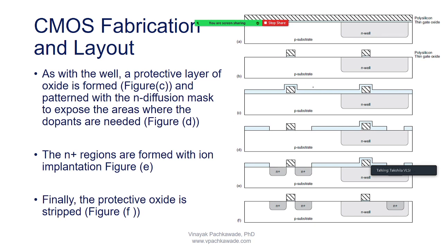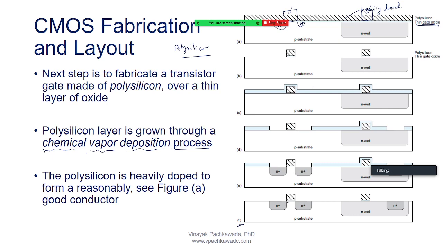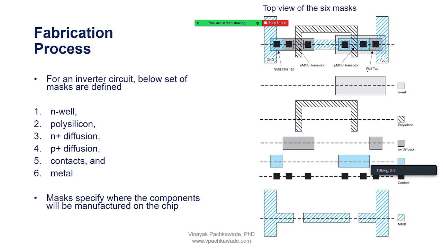Can you go to that slide where we can see the metal contacts in the N plus diffusion? This one? Yeah, correct. In this, there are only two regions where N plus diffusion is taking place instead of three.